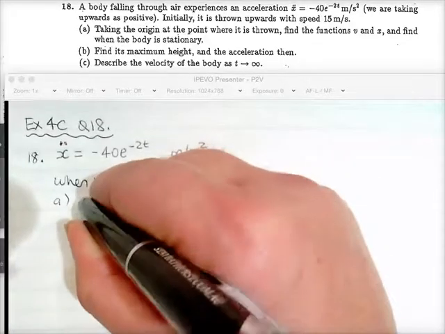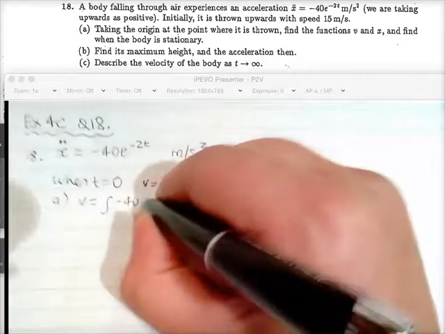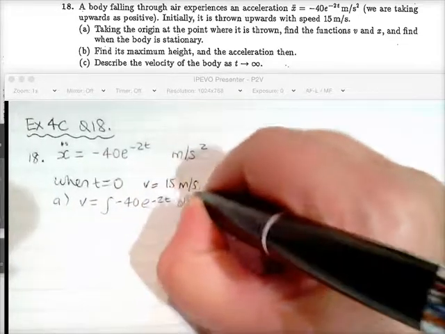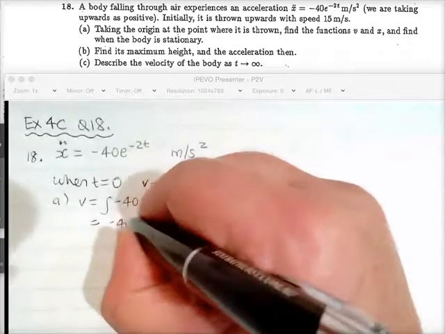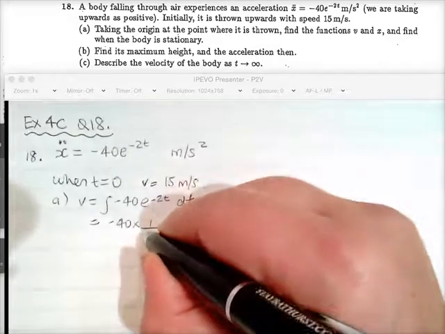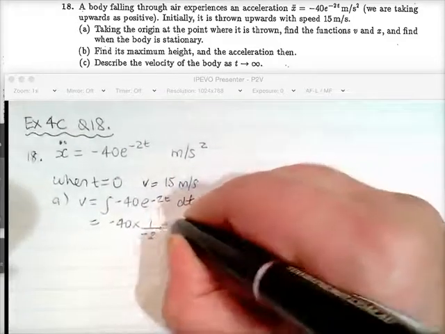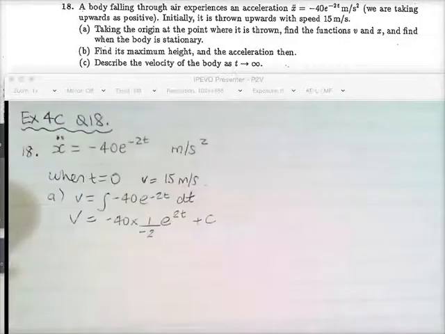To find v, you need to integrate -40e^(-2t) with respect to t. That would be -40 times 1 over -2 e^(-2t) plus c.